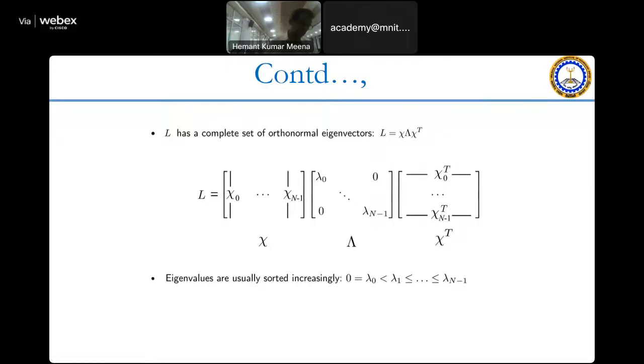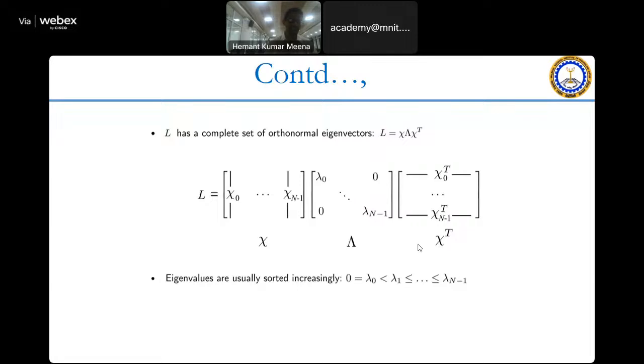For example, in the Fourier transform, different exponentials are the bases. Here, these eigenvectors are the bases. And frequency is represented by these eigenvalues. It is a bit mathematical, but not very difficult. Remember, the objective of this workshop is to introduce you to the new applications of DSP without going into deep mathematics.